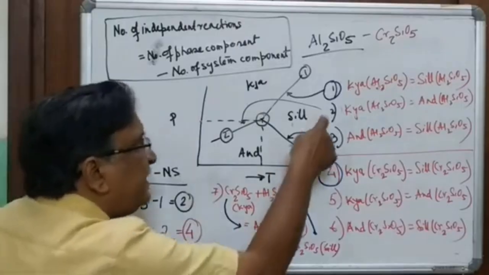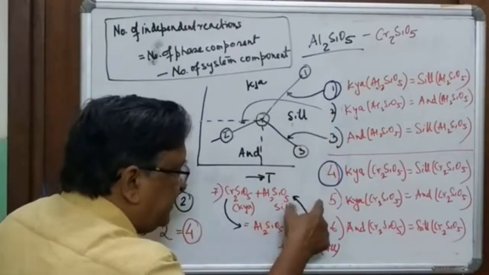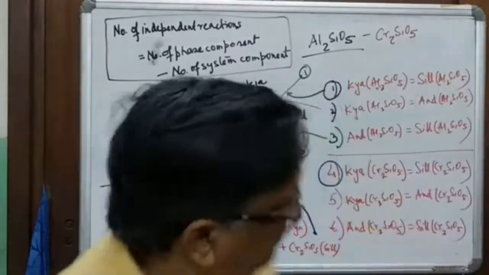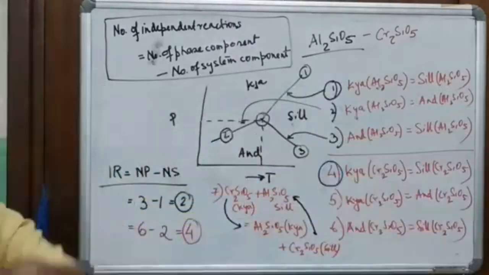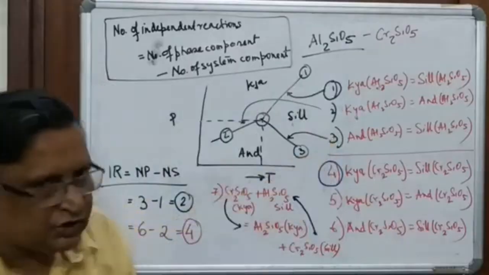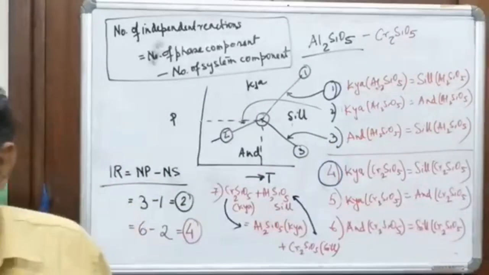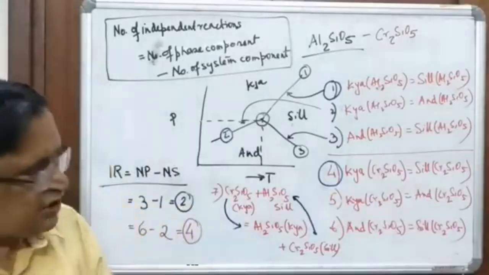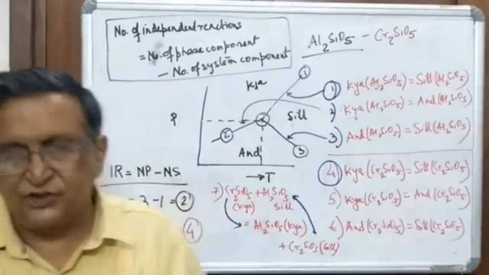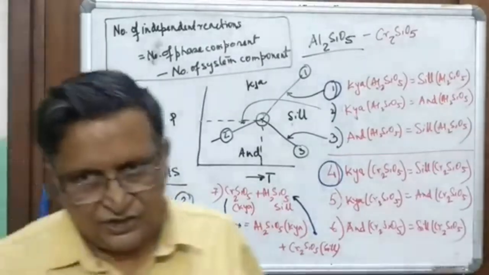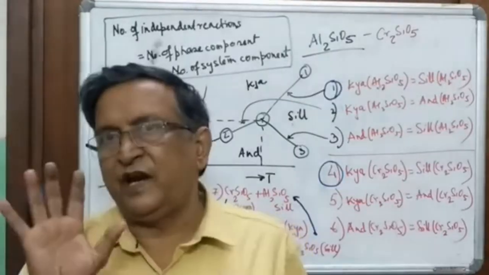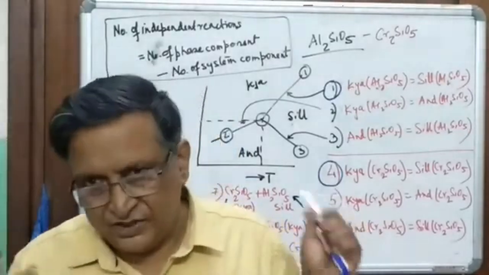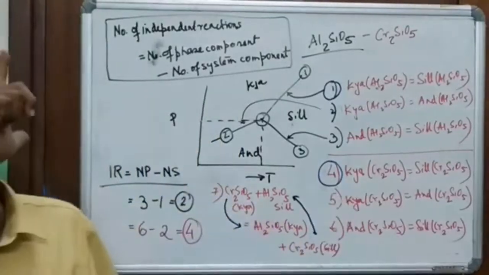But that will be a combination of 2 and 5. 5 minus 2 will give you 8. 6 minus 3 will give you 9. So that is what happens. In a system, you will generate a lot of reactions, but all of the reactions are not independent reactions.